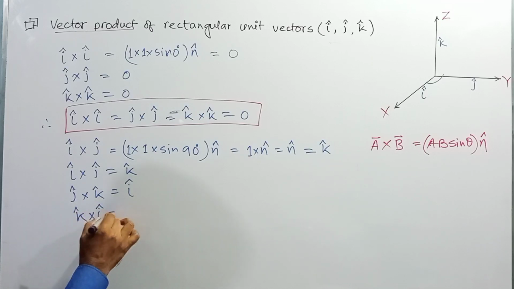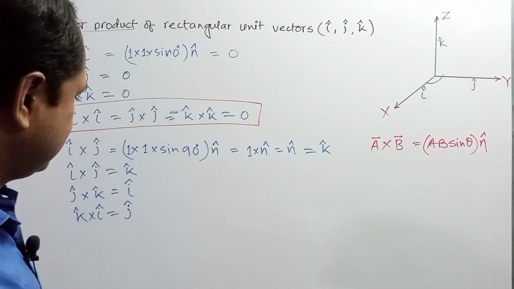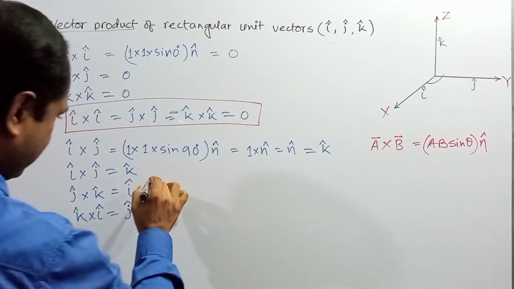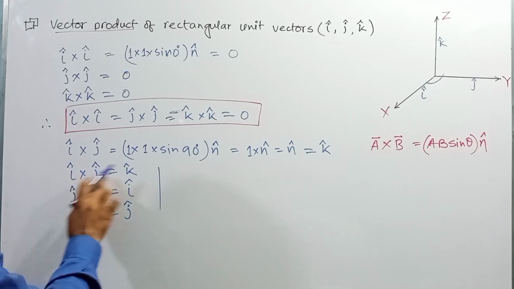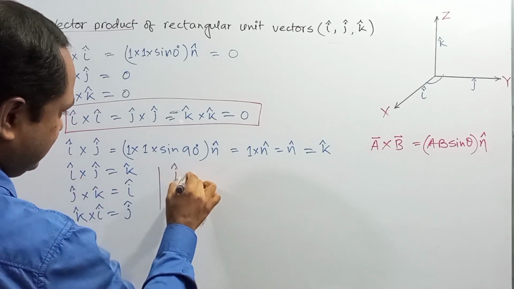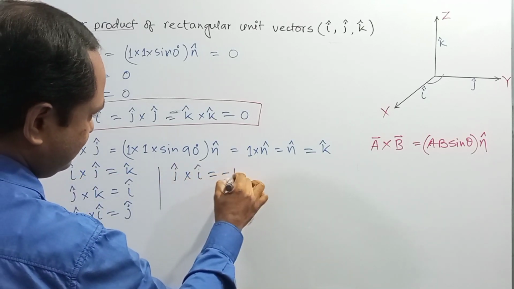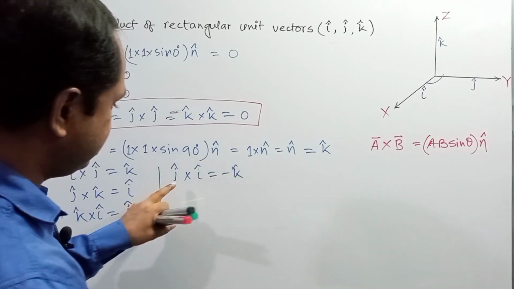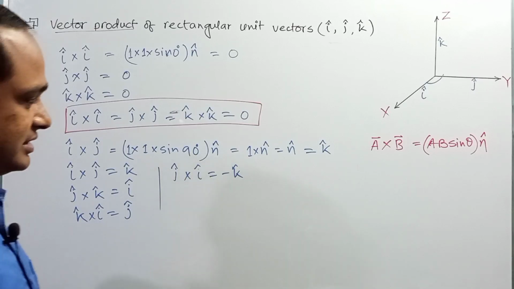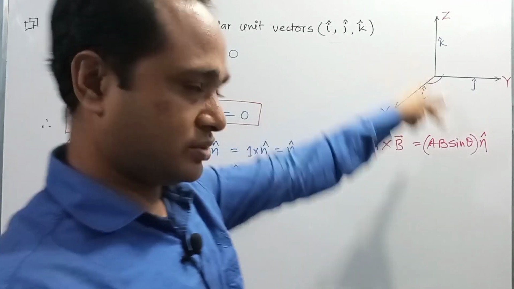k cross i is equal to j. Dear student, you know cross product does not obey the commutative law. So in that case, if i cross j is equal to k, then j cross i is equal to minus k, right? When you multiply j cross i, you get k but in the opposite direction.